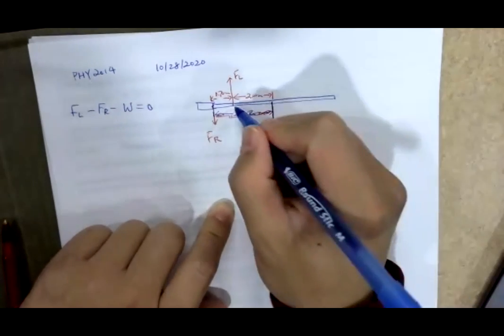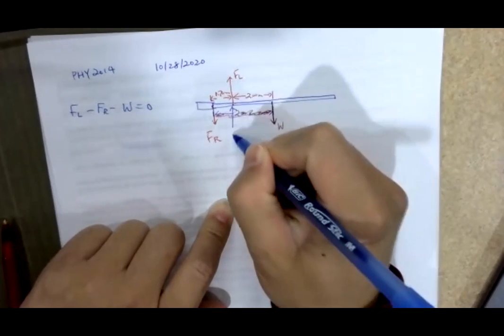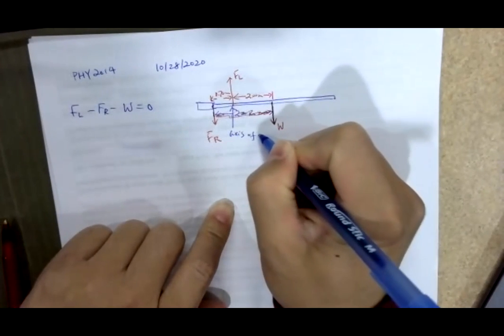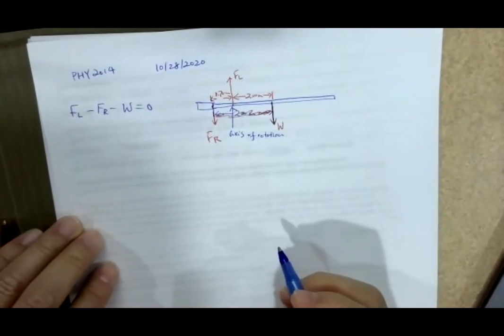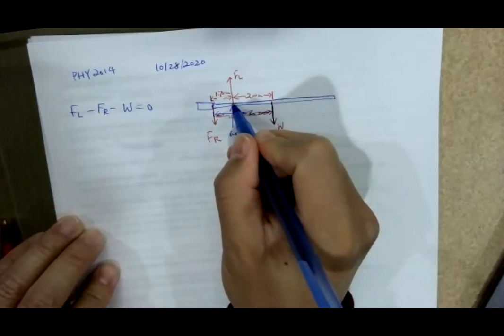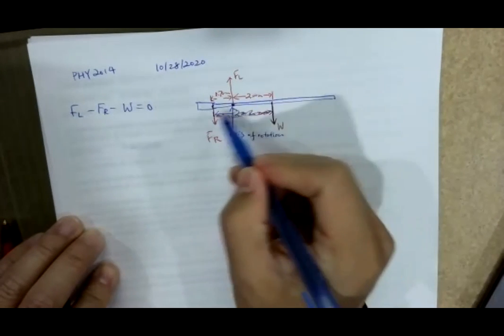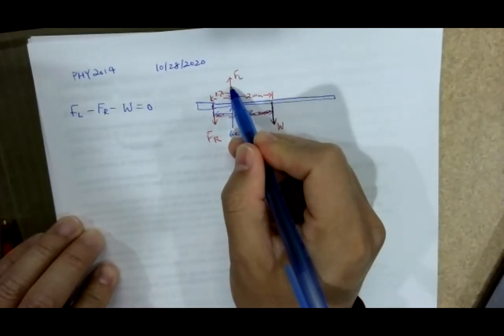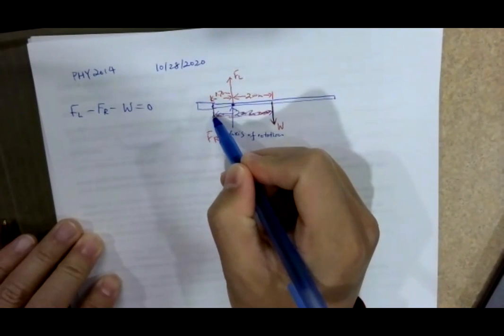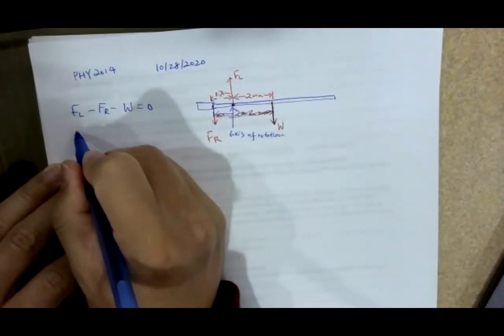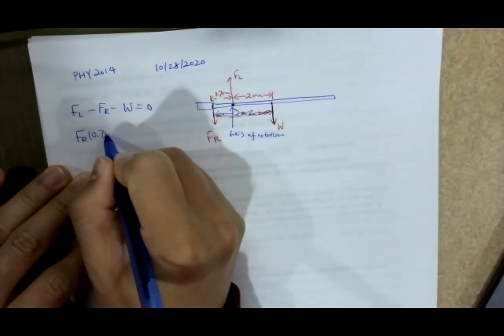So let's take this one as your axis of rotation. That's according to what you pick. Now, if this is your axis of rotation, then the torque by this force will be zero. The torque by this force will make the object rotate counterclockwise, so positive: positive FR times 0.70 meters.